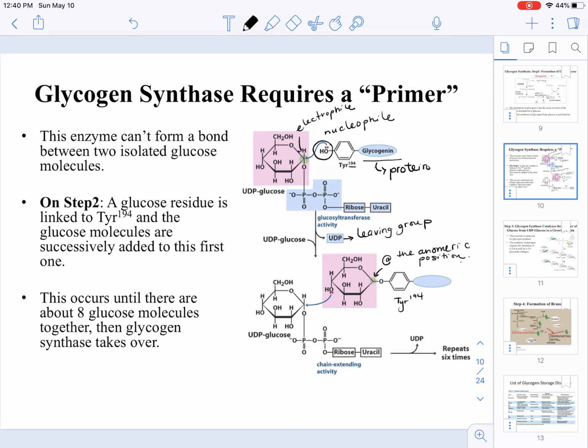Now, if I number the carbon atoms that are around the glucose ring, we have carbon 1, 2, 3, 4, 5, and 6.